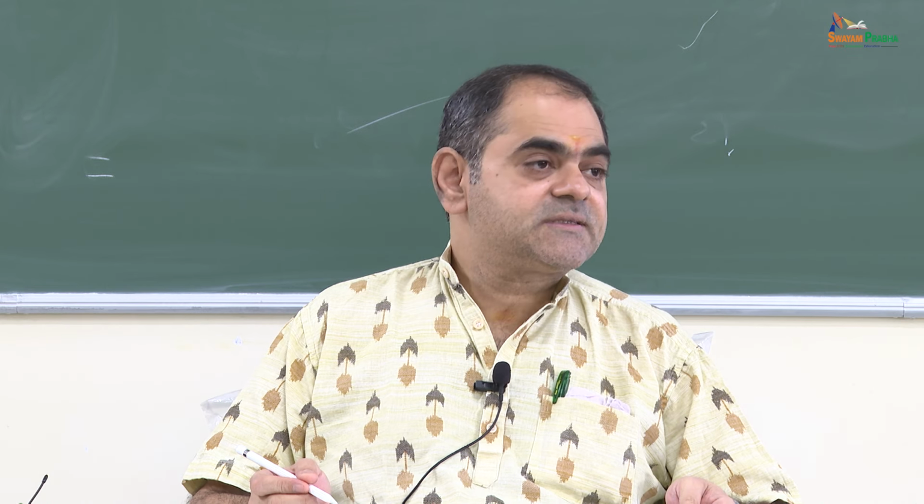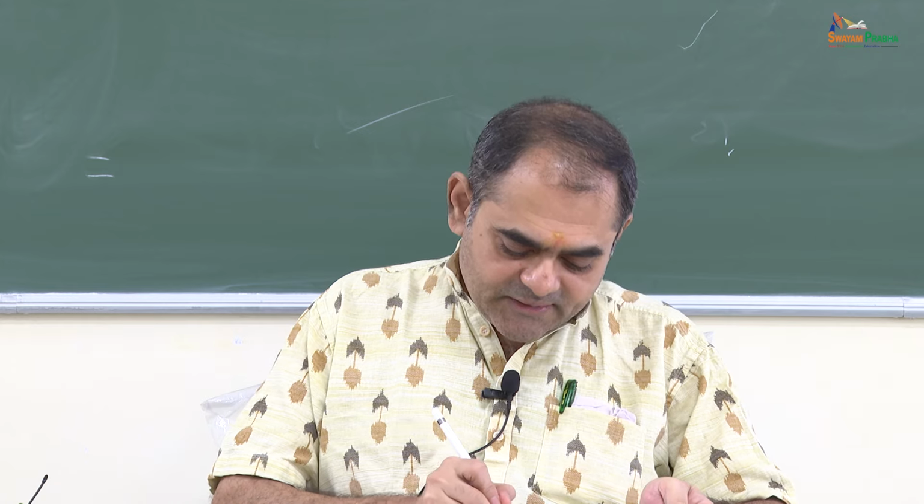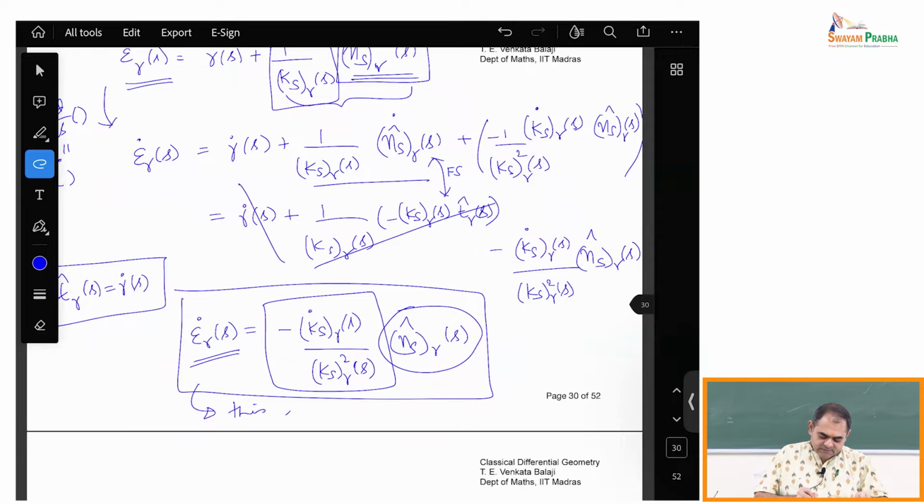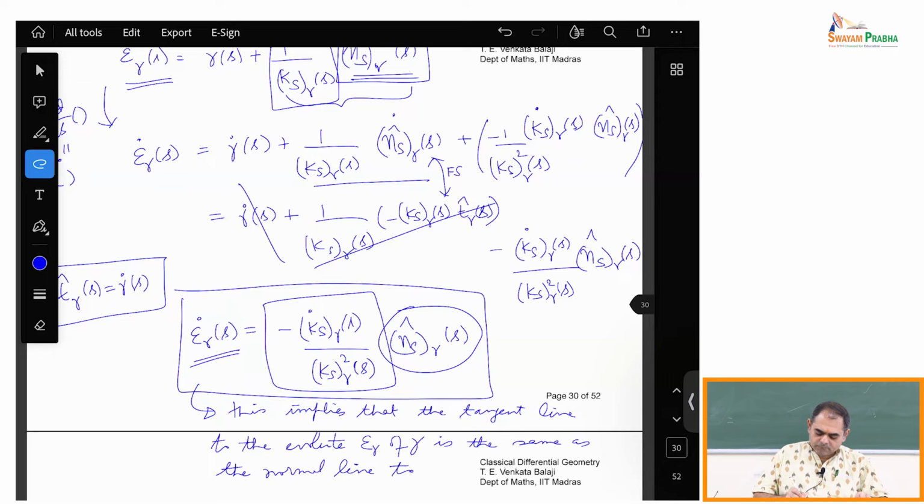Therefore from this expression, the tangent line to the evolute of gamma is the same as the normal line to gamma.